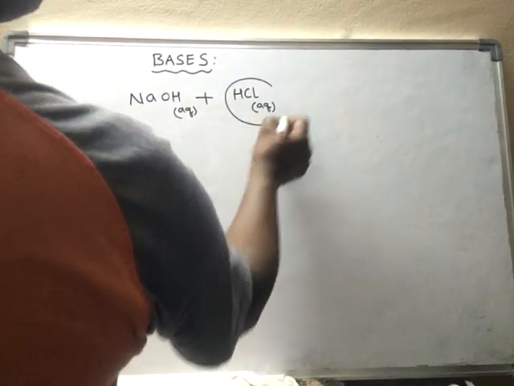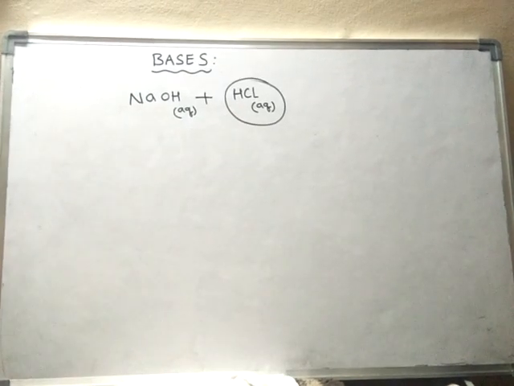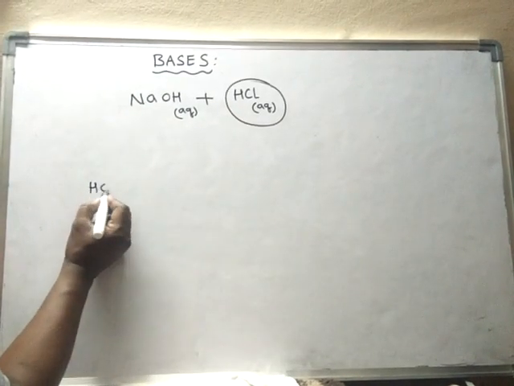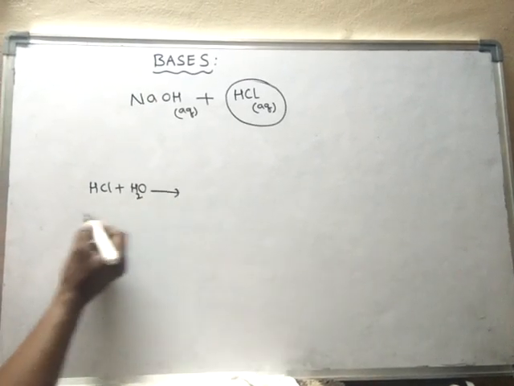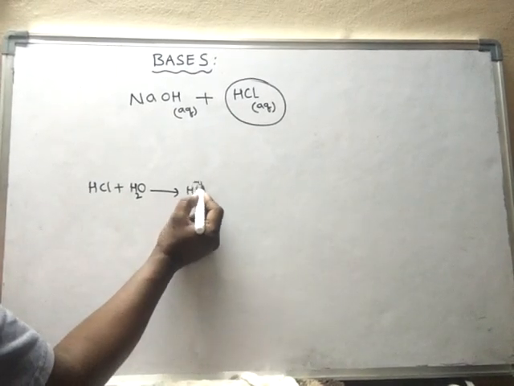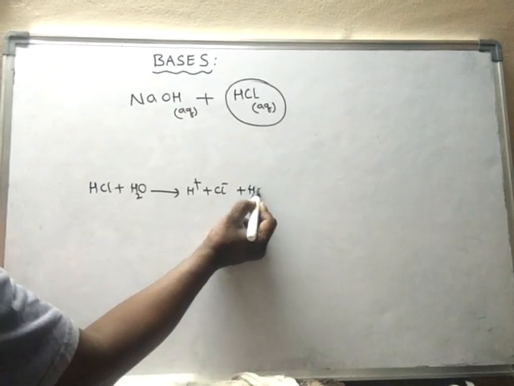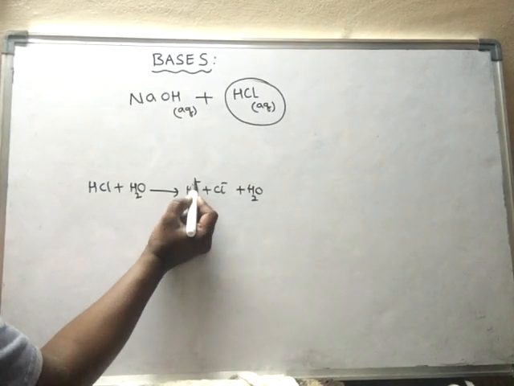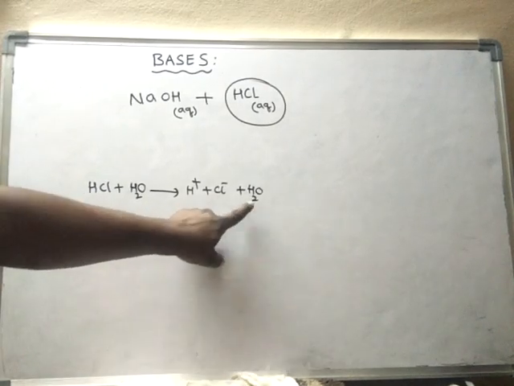We learned that an aqueous solution of acid contains what? In an aqueous solution of acids, HCl will break down into H plus and Cl minus, and water. The H plus ions do not exist independently, so they always combine with water.